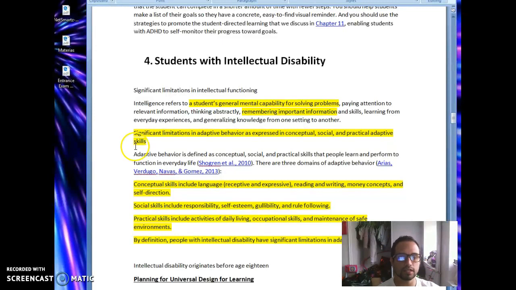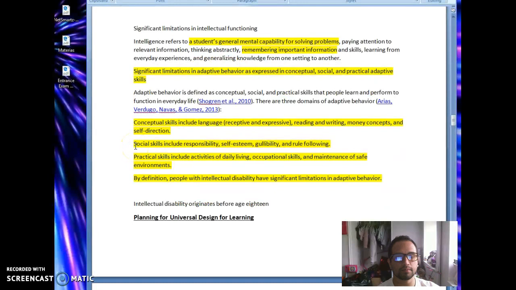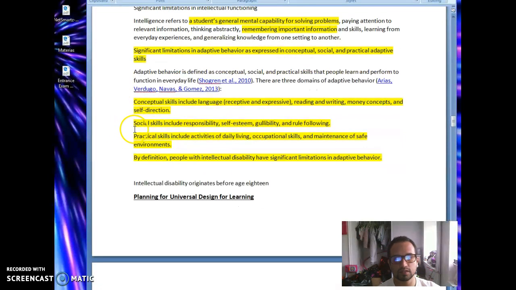There are significant limitations in adaptive behavior too, which includes social interactions and the learning process: reading, writing, self-direction. I took some notes on that too.